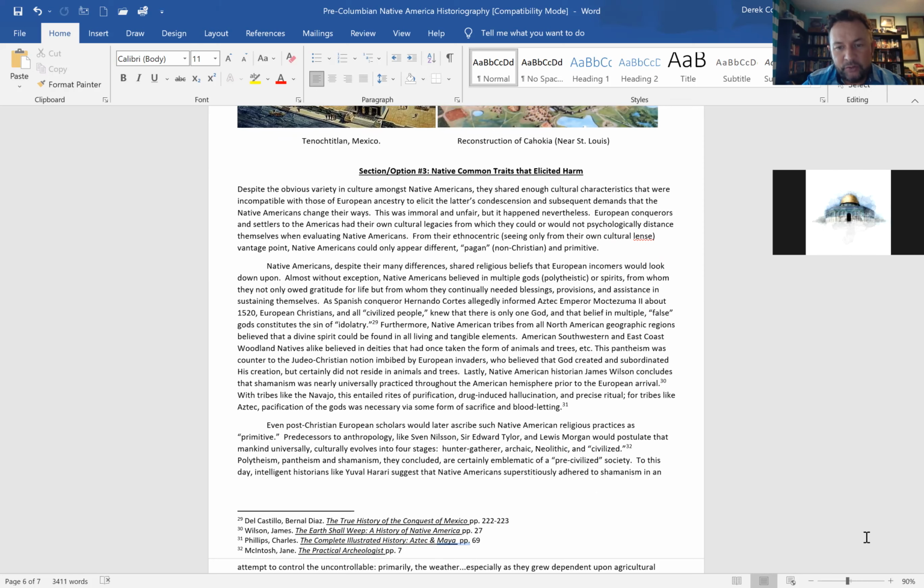That because of certain cultural beliefs and practices associated in particular with religion and with private property, allocation of property, the Europeans or the Euro-Americans, invaders that came here, negatively stigmatized the Native Americans because of these differences in belief and practice, in religion and property.